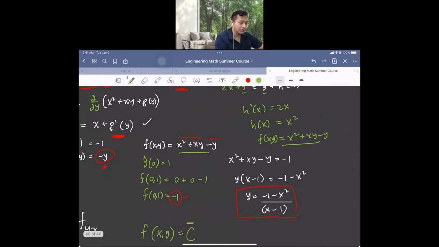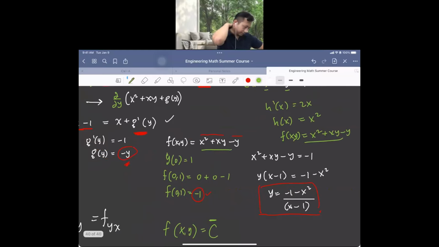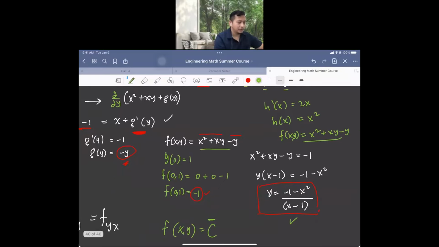So we are going to evaluate. Or we can solve the equation and make it into an explicit solution like this one. You can have an implicit solution or an explicit solution, depending on the requirements. If the question needs you to write in the explicit form, then you need to write y equals something.